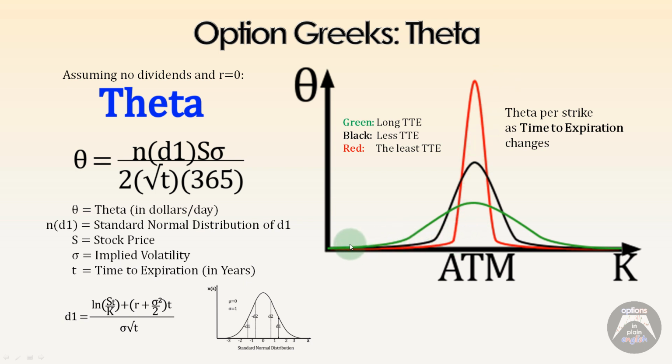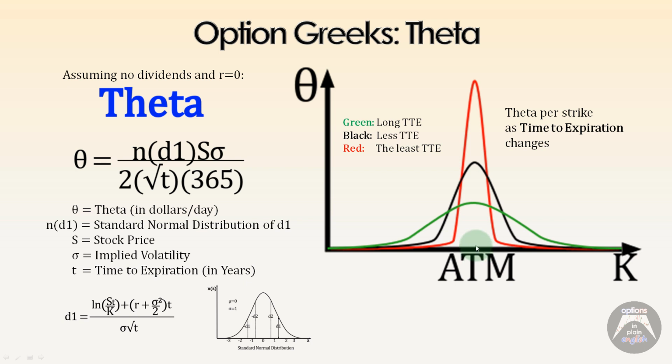So as you can see, you have a curve that resembles the normal distribution curve, but then as time starts passing, this curve that starts out as kind of short and fat starts getting a little bit thinner and taller until very close to expiration you have a curve that's very skinny and very tall.